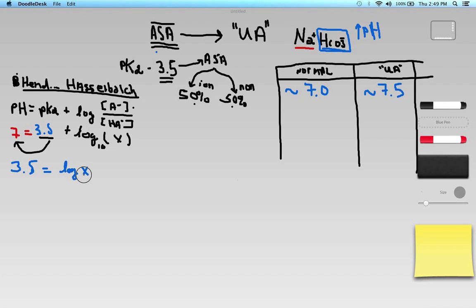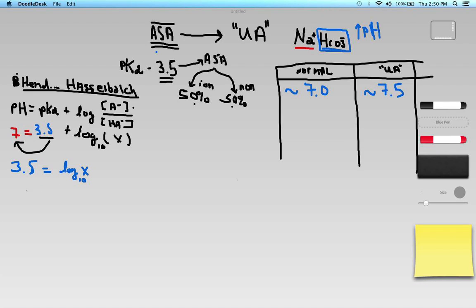So what this is telling me is that the log base 10 of x is 3.5. What does that mean? Log base 10 of what equals 3.5?